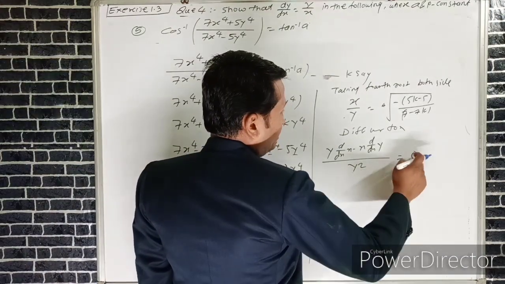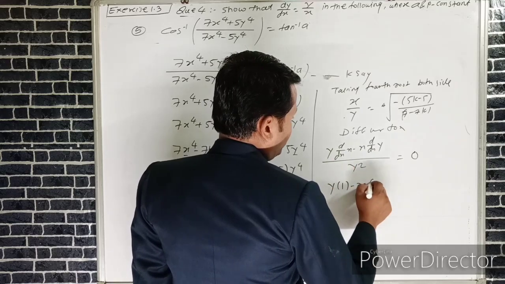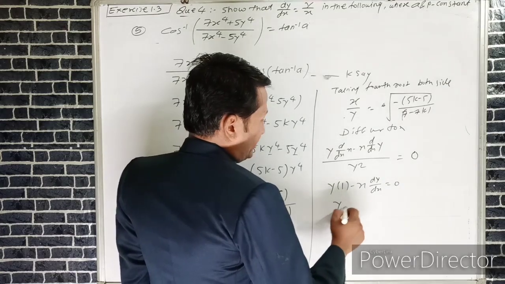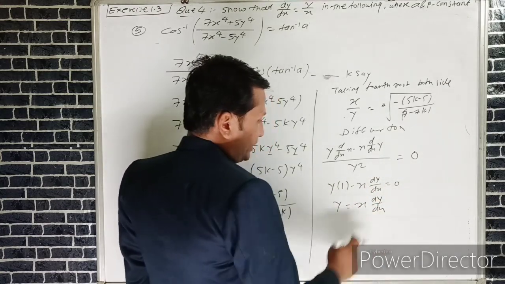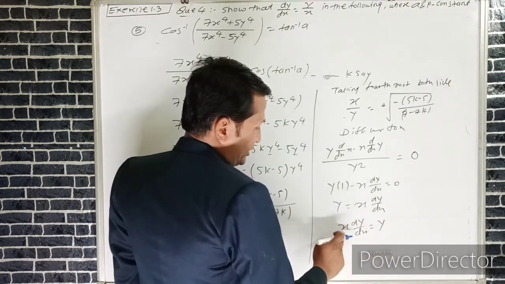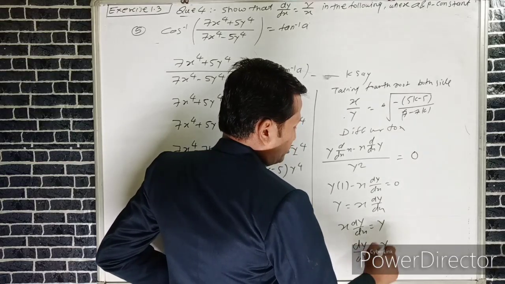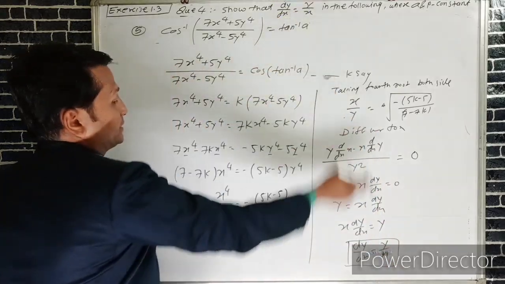This y square becomes 0, then we can write y into derivative of x is 1 minus x into dy by dx is equal to again 0. Y, this becomes x into dy by dx. So x into dy by dx is equal to y. If we shift this x to the right side, then we can write dy upon dx is equal to y by x, which is the required proof of dy upon dx is y by x, hence proved.